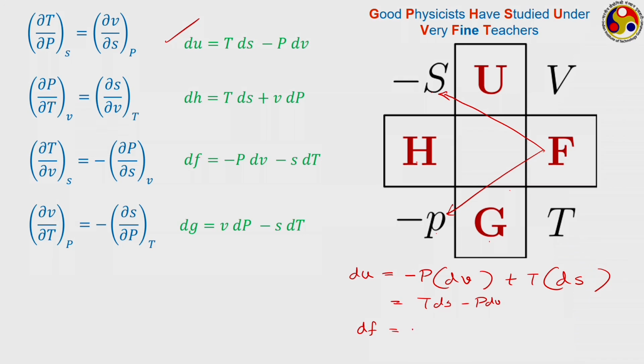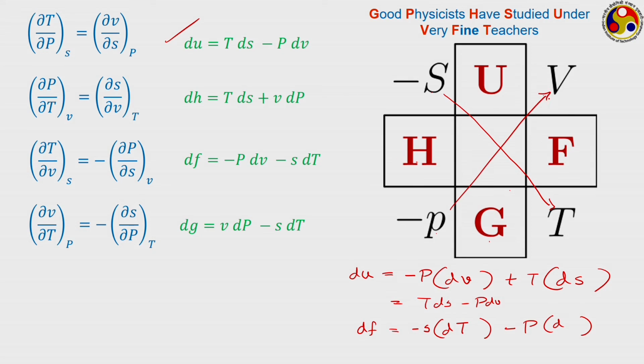So, one of the coefficients will be minus S into d of something, plus minus P into d of something. To identify what goes inside, for S you have to go to the opposite corner, that will be dT. For P you have to go to the opposite corner, that will be dV. Look at this, the expression is dF equal to minus P dV minus S dT.